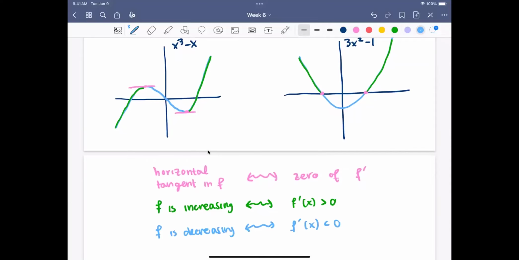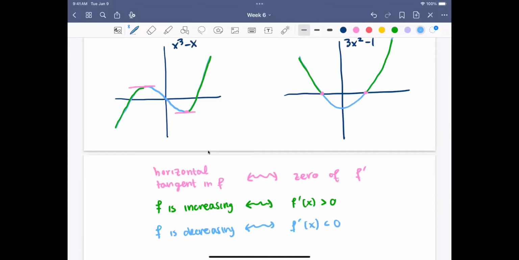If you are given a graph of any function, you can start to sketch what the derivative might look like just by thinking about the slopes of the tangent lines at various values. And conversely, we can learn something too.